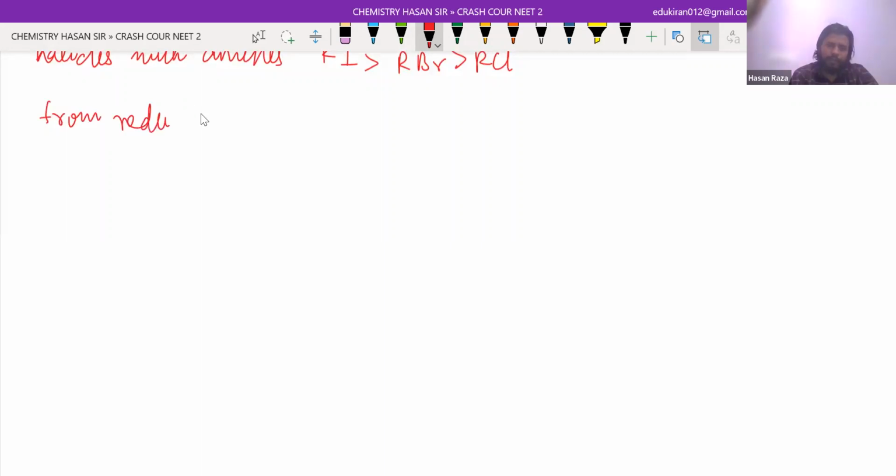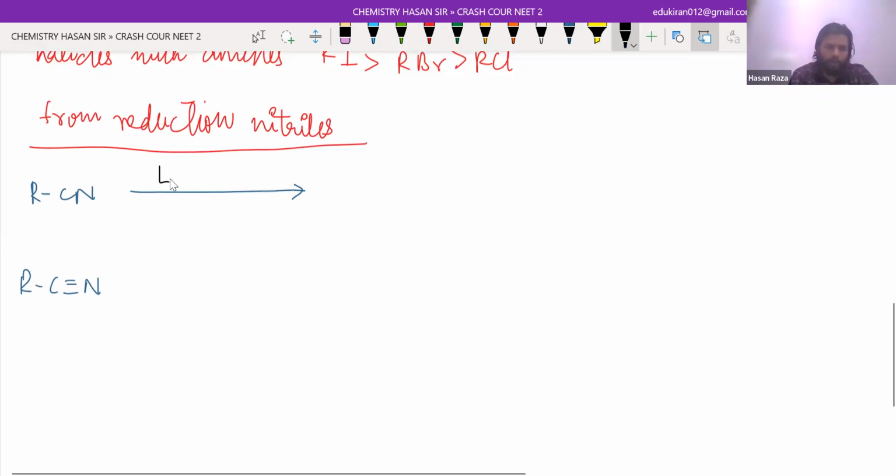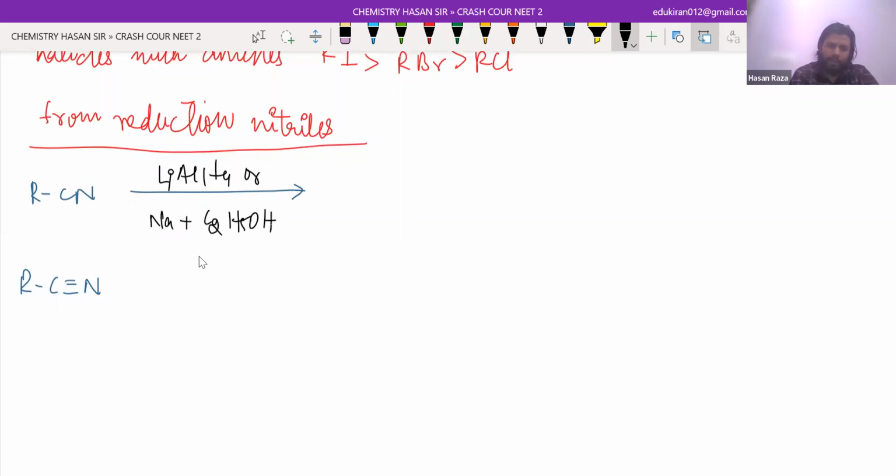Now the preparation is from reduction of nitriles. So if you have nitriles RCN, you know that it is R-C triple bond N, and you are going to reduce it. To reduce it, you are going to use a strong reducing agent like lithium aluminum hydride, or you can use sodium in the presence of C2H5OH, alcoholic sodium, or you can use H2 in the presence of platinum.